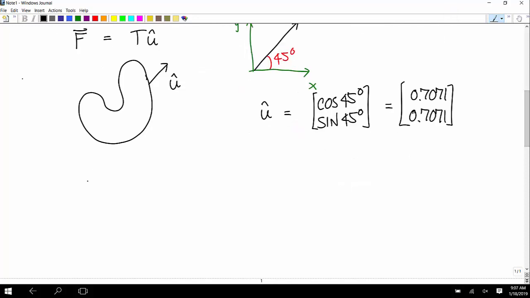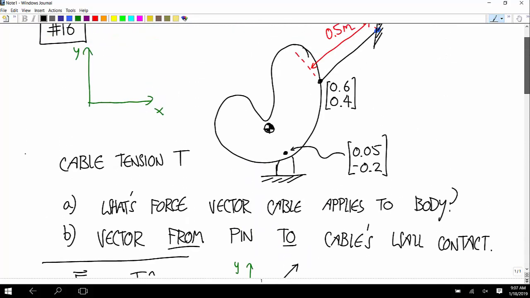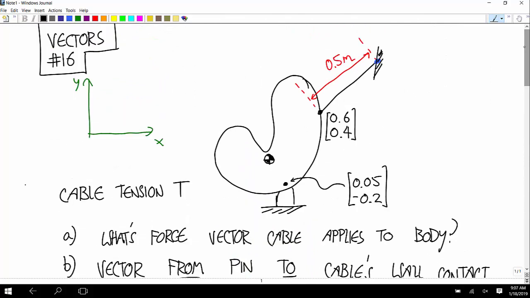So the force vector is this unit vector times T: 0.7071 T, 0.7071 T. The beauty of that is, if we think of this as an unknown vector, this is a 2D problem, so how many unknowns does it have? Two, the x and y components.